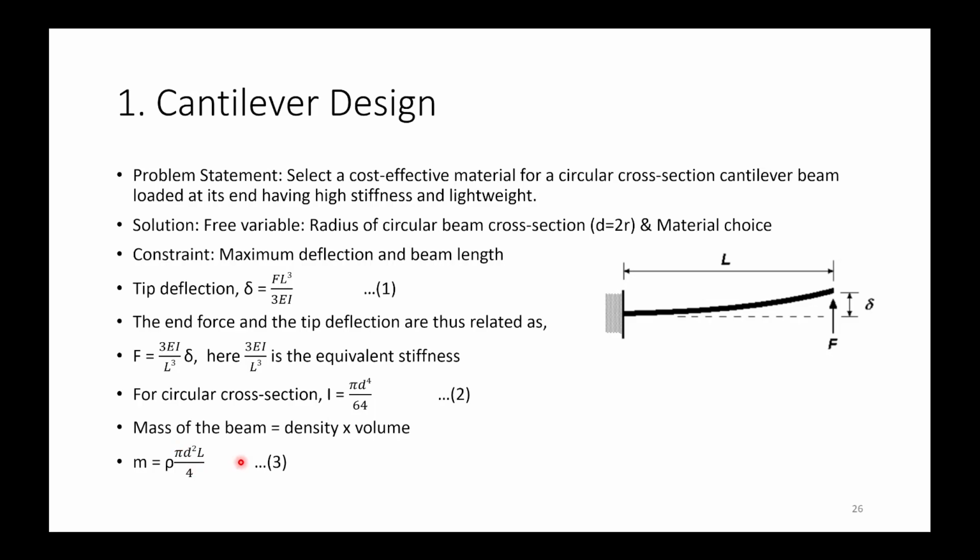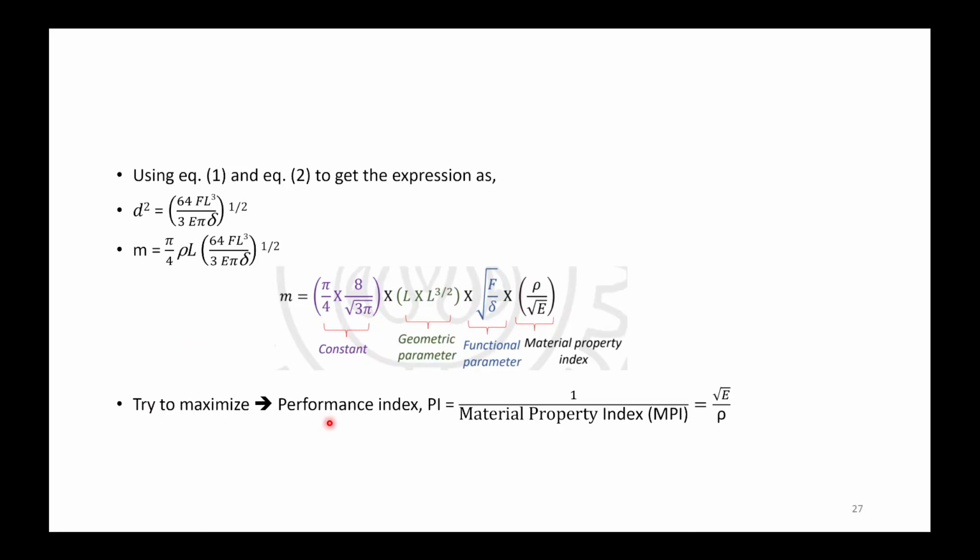We put in the value of d by using the two formulas for deflection and inertia. So d square will be 64 F L cube upon 3 E pi delta, to the power half.